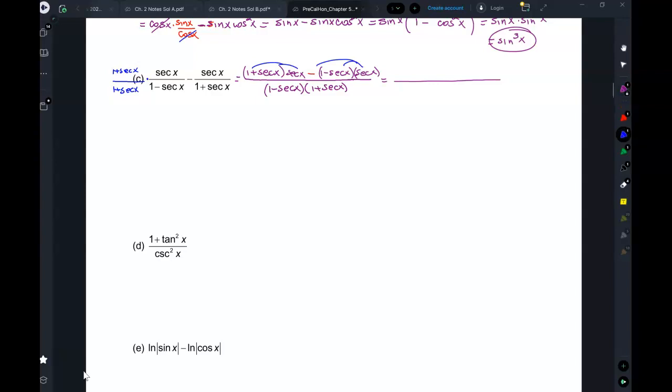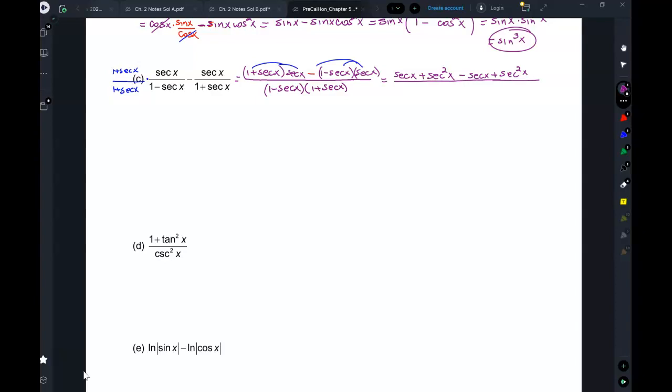When you distribute, you get secant x plus secant squared x, minus secant x plus secant squared x. There's also a minus here, so the minus gets distributed and the 1 plus secant x gets distributed.